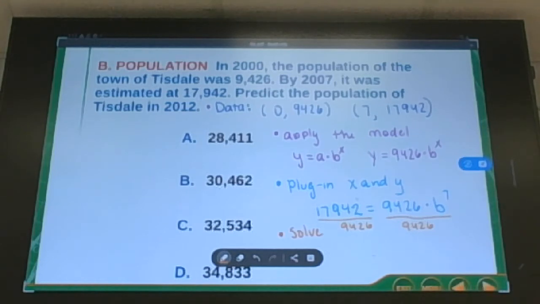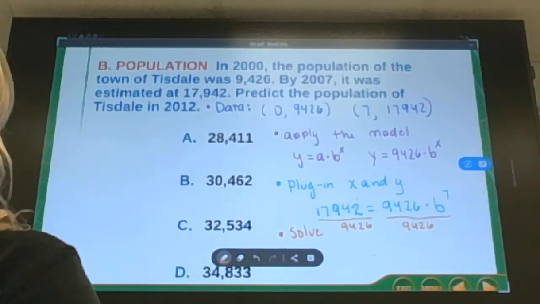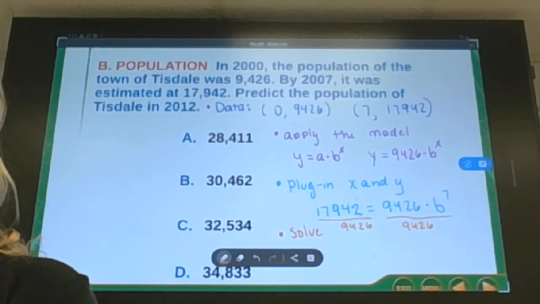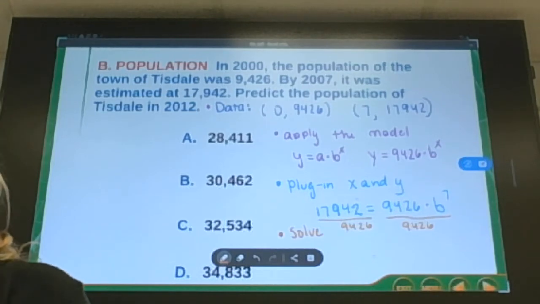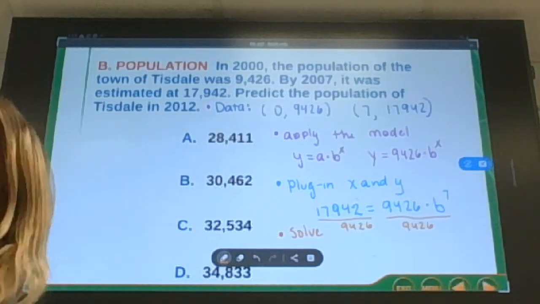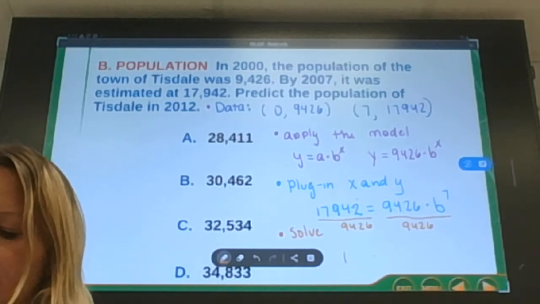A fraction? Okay. I've been doing this wrong the whole time.